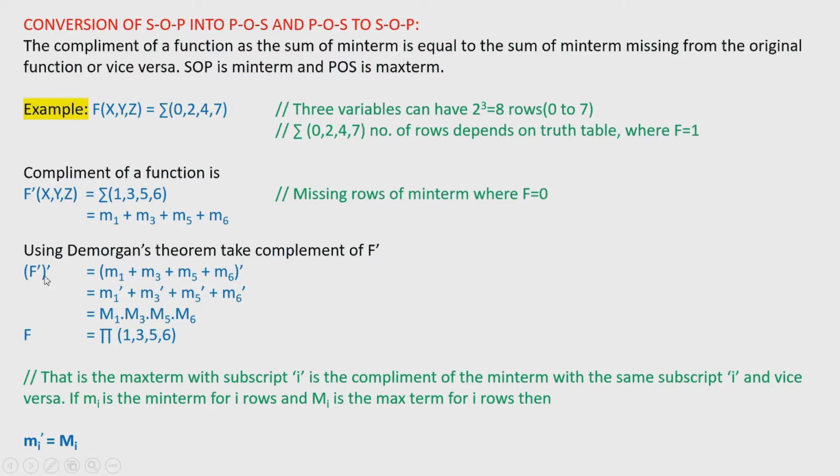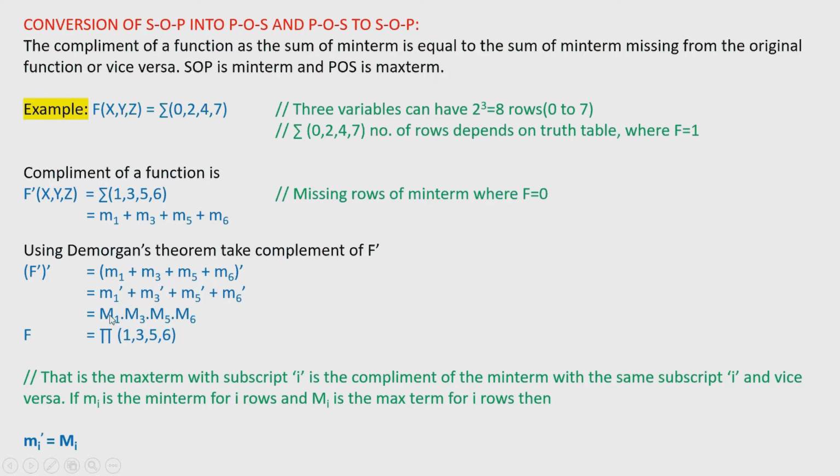So f complement, the whole complement, equals this, the whole complement. Now taking each individual complement, m1 complement times m3 complement times m5 complement times m6 complement, we get the maxterm, which is denoted by this capital M.